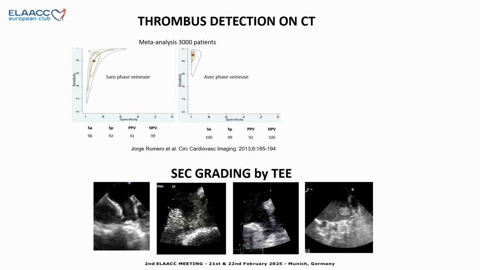But the critics of pre-procedural imaging could also argue that the dynamic nature of thrombus can only be assessed on the day of the procedure, mainly by TEE in the cath lab.